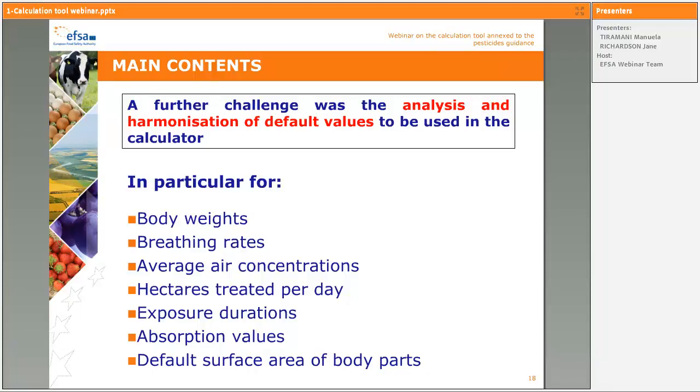So the working group that prepared the guidance document and the calculator focused in particular on the following default values: body weight, breathing rate, average air concentrations, hectares treated per day, exposure durations, absorption values, and default surface area of body parts.